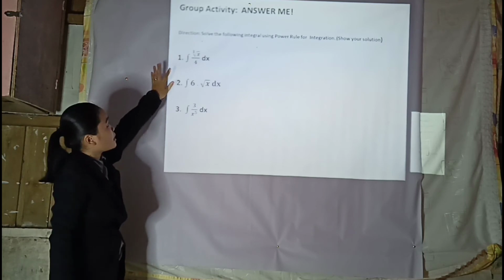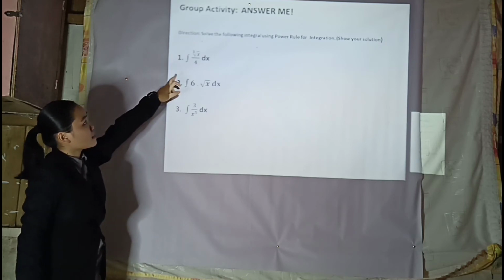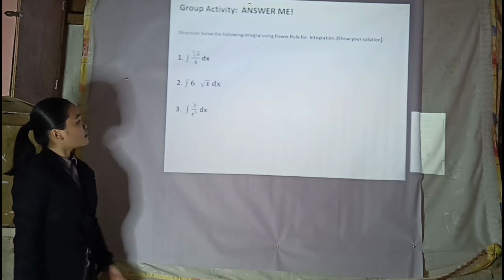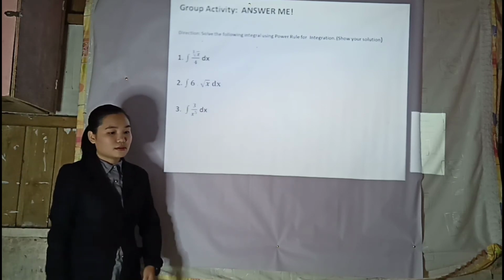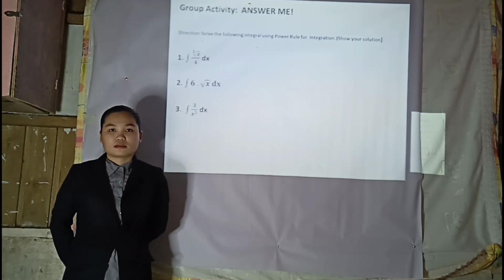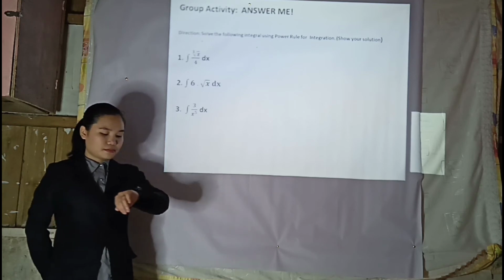This, the integral of cube root x over 4 dx. Yes. Faster.